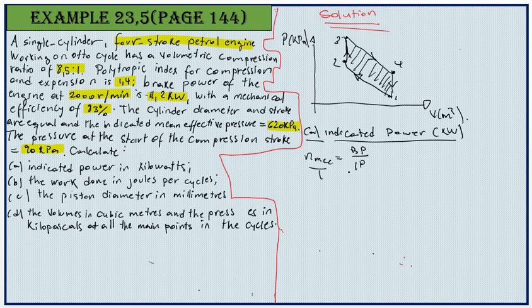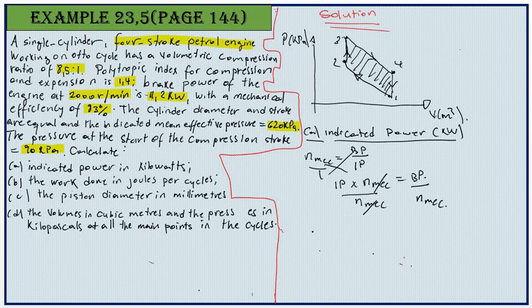If we do the cross multiplication, we have IP multiplied by the mechanical efficiency, which is equal to the brake power. To get IP, I'm going to need to divide both sides by the mechanical efficiency.